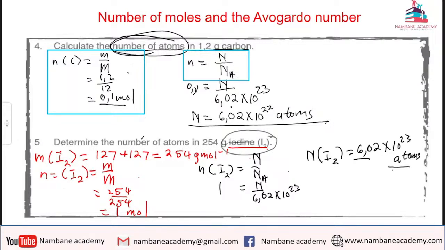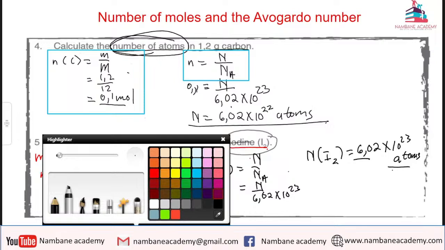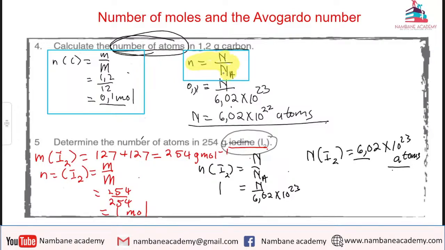So for the basic stoichiometric calculations, I want us to be on the lookout for this formula as well as this formula here. The two formulas are going to be very key when it comes to the stoichiometric calculations that we are going to perform.